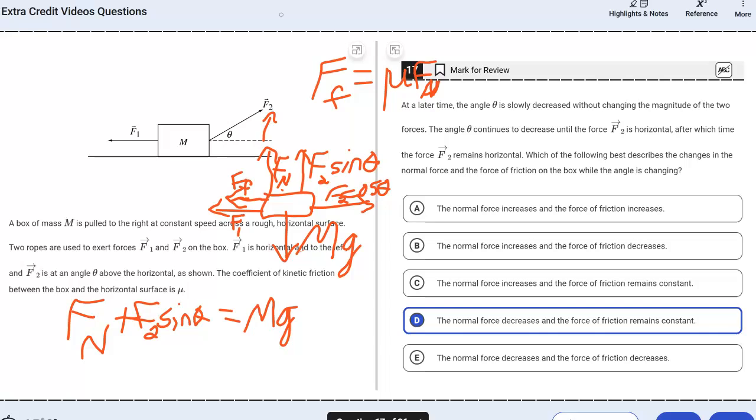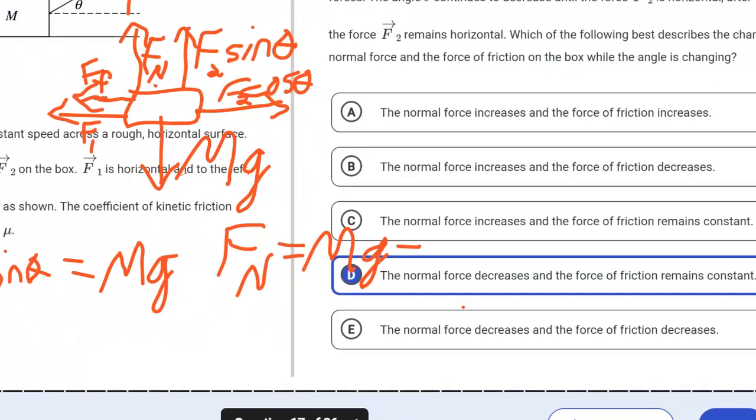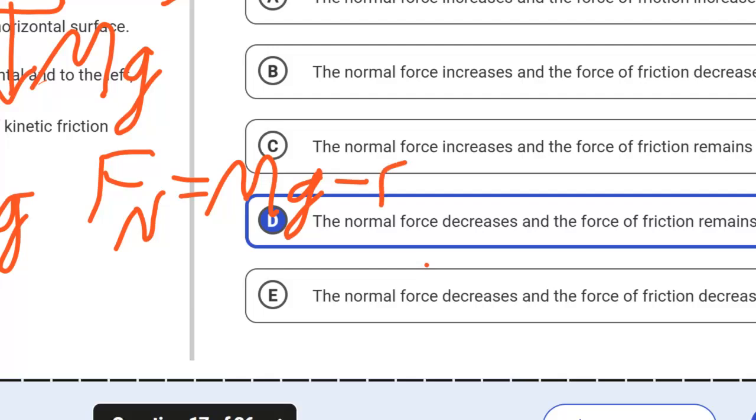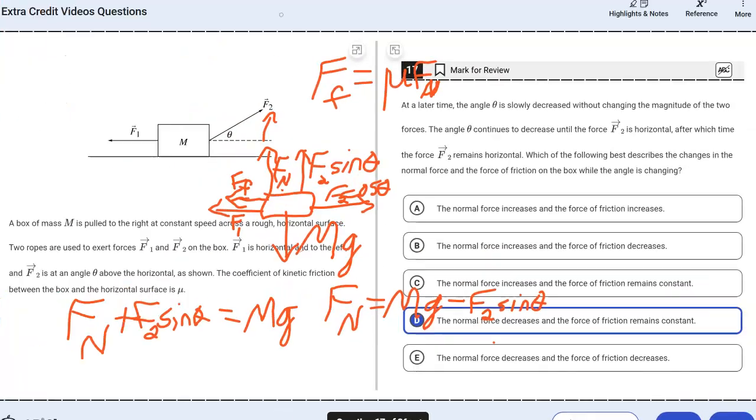Then we solve for normal force: normal force equals mg minus F2 sine theta.